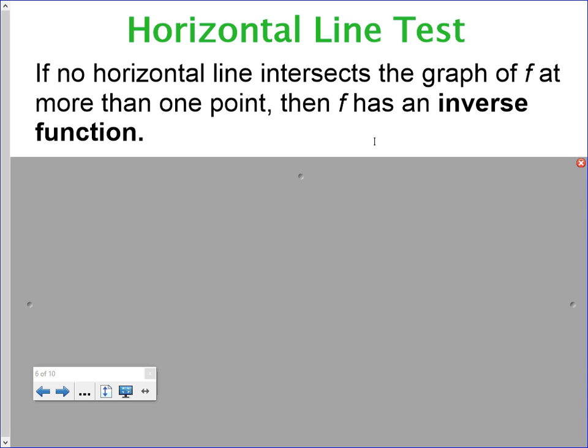The horizontal line test says if no horizontal line intersects the graph of f at more than 1 point, then f has an inverse function.